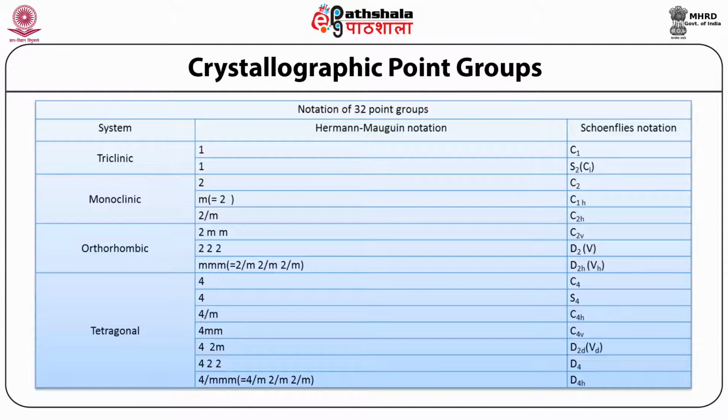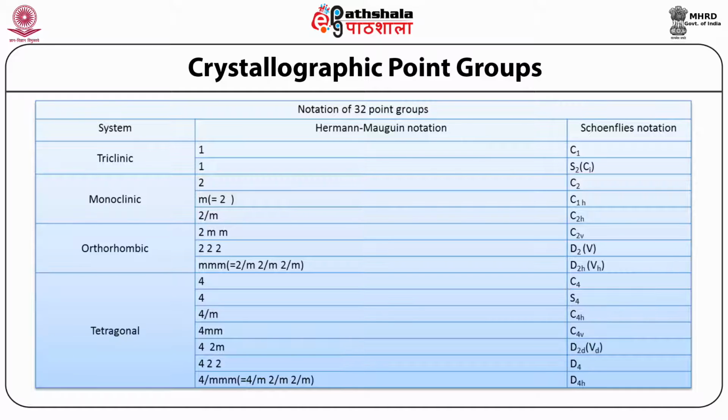For m, we represent it in this notation as C subscript 1H, and 2 by m is represented as C subscript 2H. In the orthorhombic system, there are 3 notations, 2mm, 222, and mmm, which is equivalent to 2 by m, 2 by m, 2 by m.